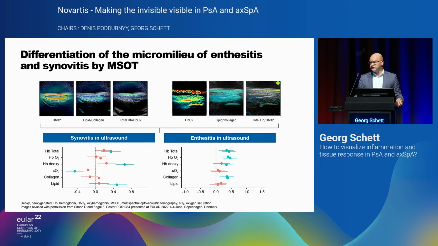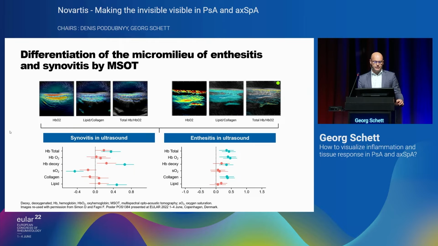And then there are more sophisticated tools to actually not use a biopsy of the joints, but to look at the molecular profile in the joint by a non-invasive method. That's the so-called MSOT technology, which is called multispectral optoacoustic tomography, where you are able to look at oxygen saturation, hemoglobin levels, collagen levels and lipid levels in joints.